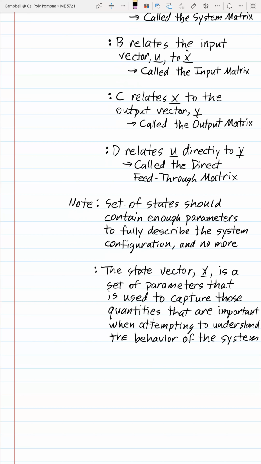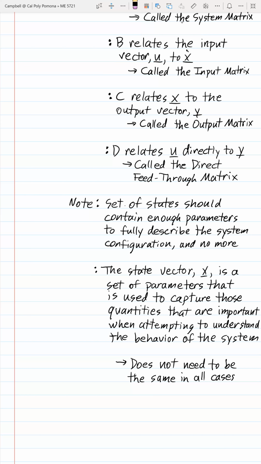And again, I'll note the state vector does not need to be the same in all cases. And that is extraordinarily powerful. Because what does that mean?